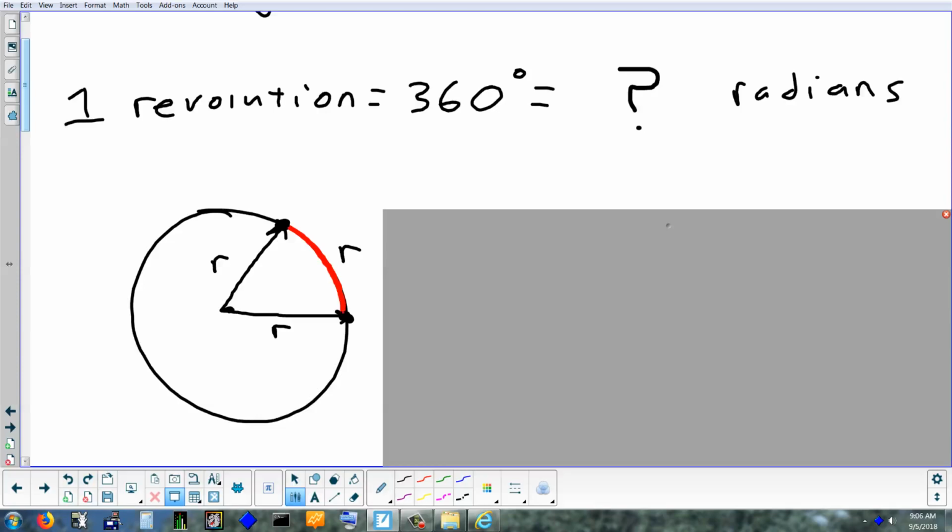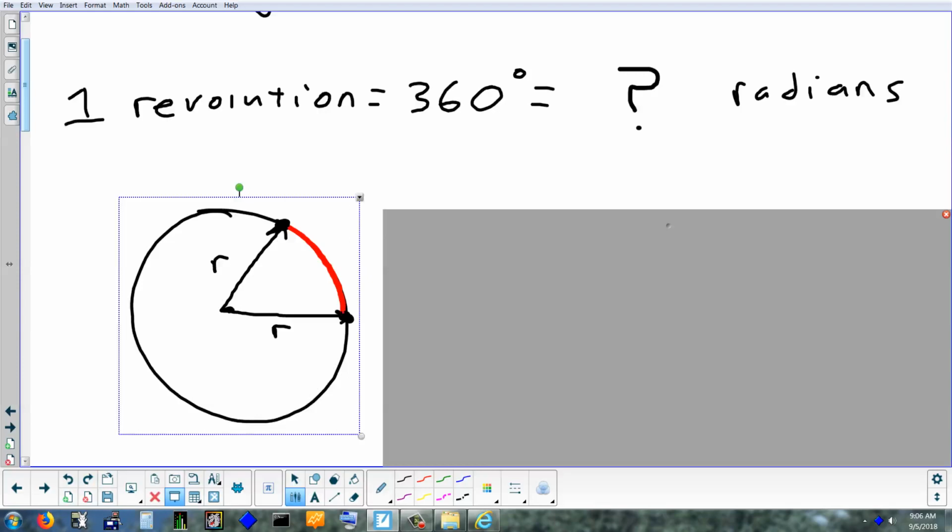And that's all I've done so far. Any questions on that? Okay. So what I've labeled right there, and I'm going to add some back in a second, but I'm just going to erase it for now. Those two lines or two rays in black are the radius of the circle.